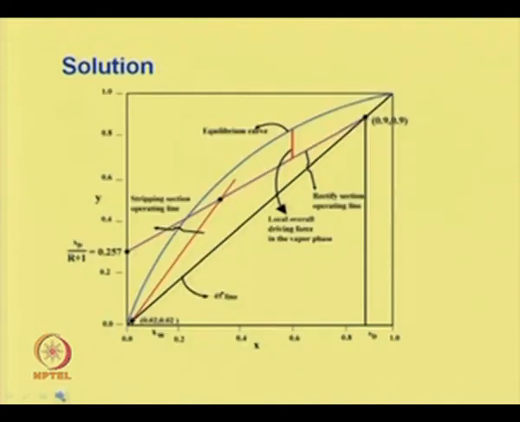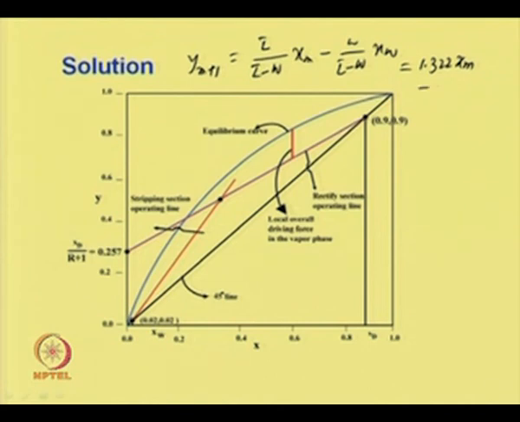Similarly, for the stripping section, we can obtain y m plus 1 would be L bar by L bar minus W x m minus W by L bar minus W x W. So, if we substitute, we would obtain 1.322 x m minus 0.016.